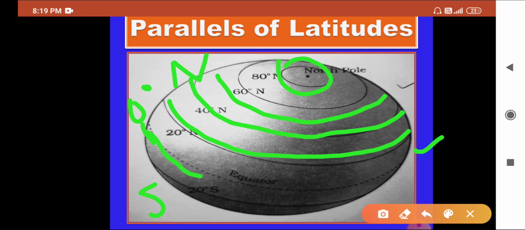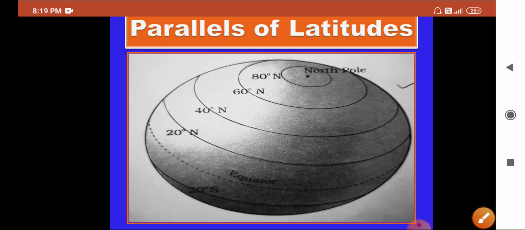These lines run in the east-west direction. Here we have the eastern side and here we have the western side. So these are running from east to west. I hope most of your concepts about latitudes are clear.